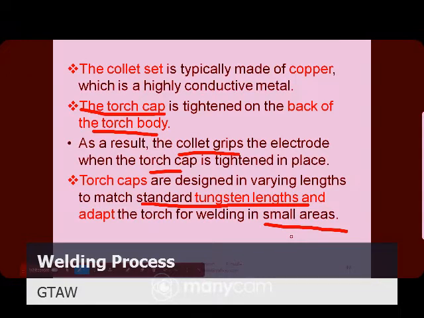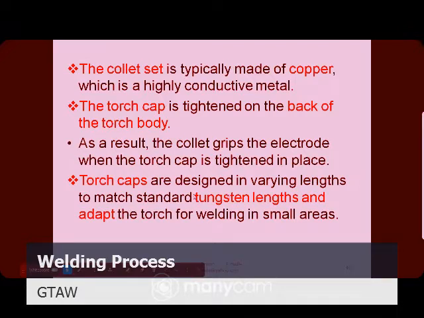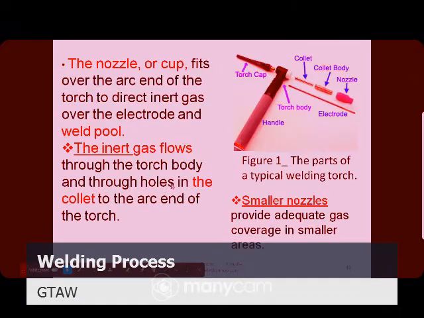When selecting torches, we can use shorter caps, which allow the use of a small size tungsten electrode. So it depends on the size of the electrode, and it also allows welding in a small area. There are different standards of caps, depending on the length of the electrode.